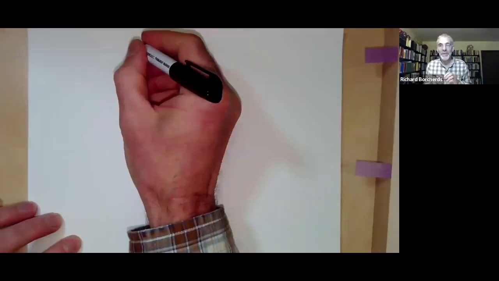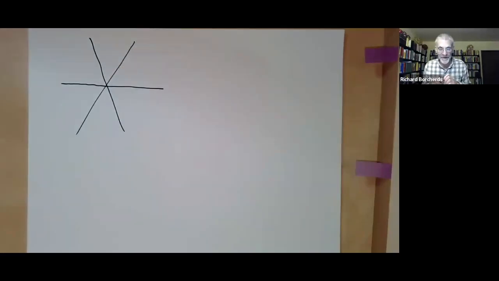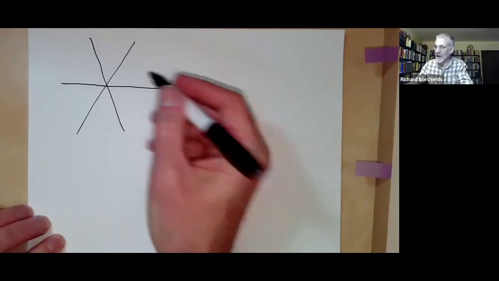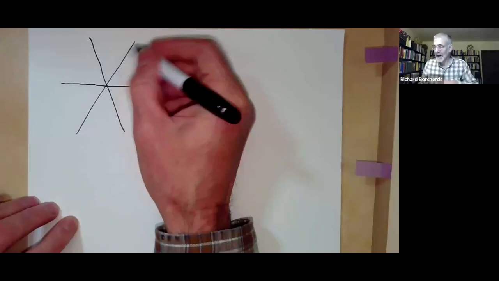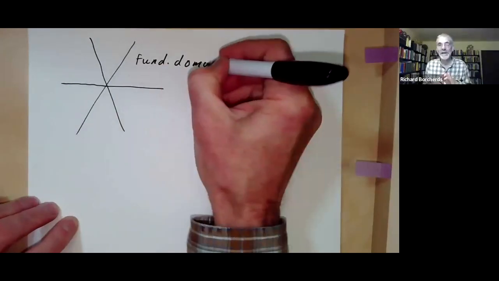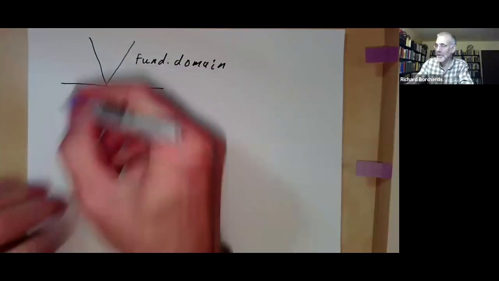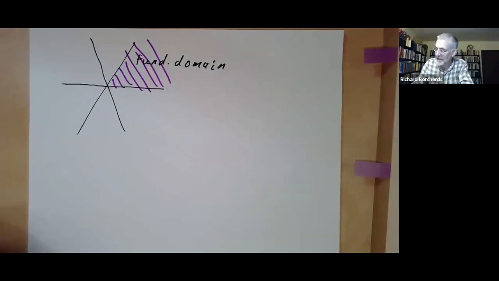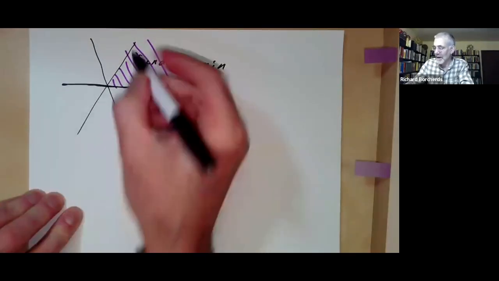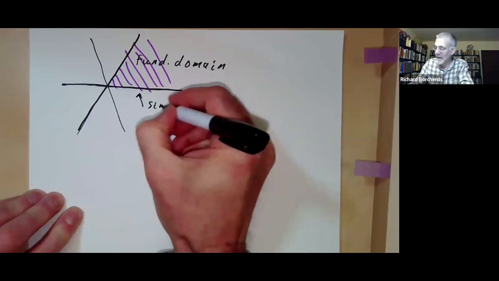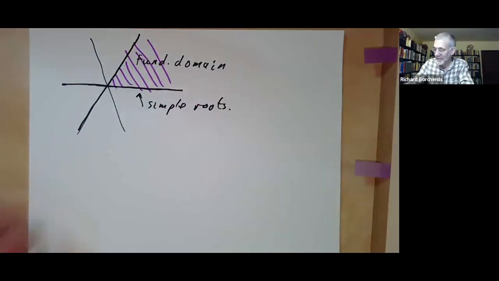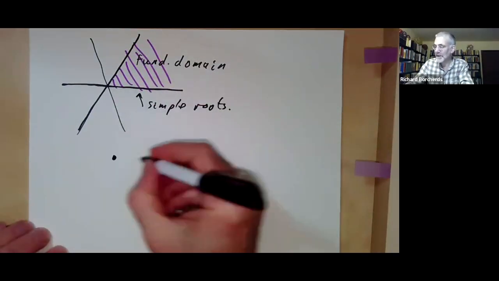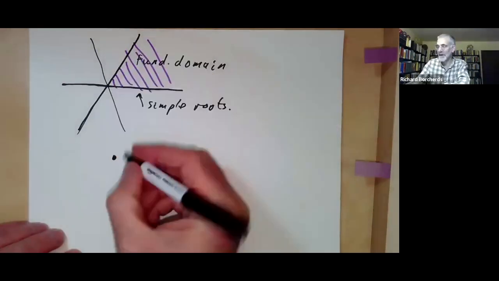And Coxeter found a very simple way of drawing pictures of reflection groups. You draw a point for each simple root, and you draw lines between the points indicating what the angle between these is. So if there's an angle of pi over 3 between the 2 walls, as there is here, you draw a single line between them.